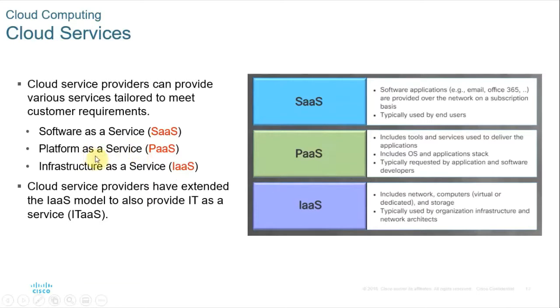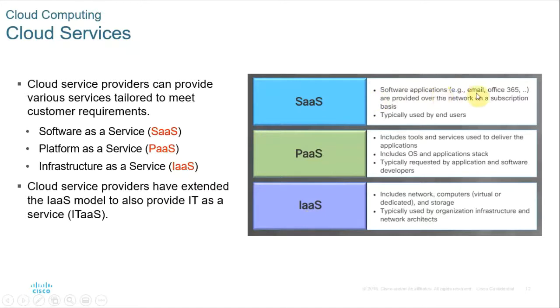Then platform as a service and infrastructure as a service. Cloud service providers have extended the IaaS model to also provide IT as a service, ITaaS, so they provide IT as a service. These are SaaS, PaaS and IaaS.